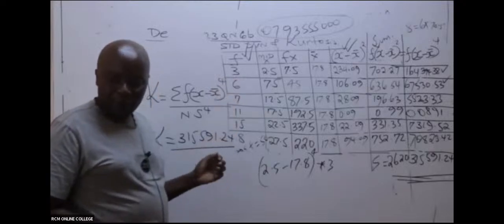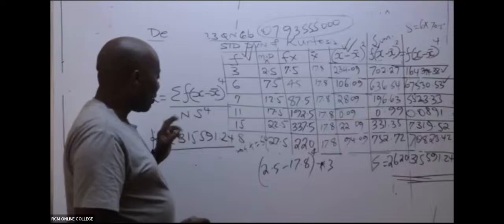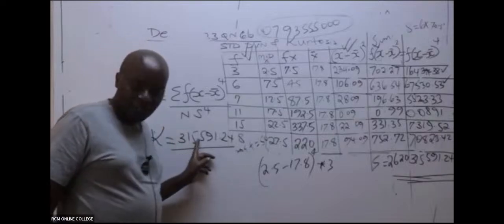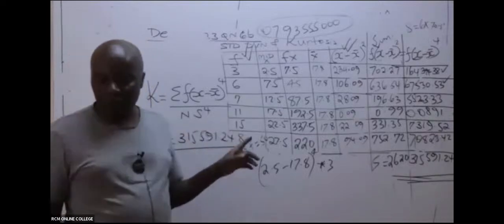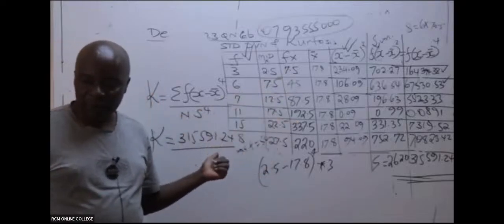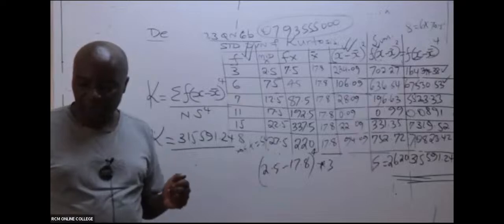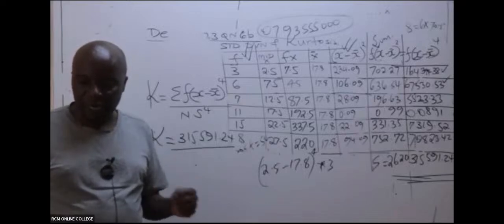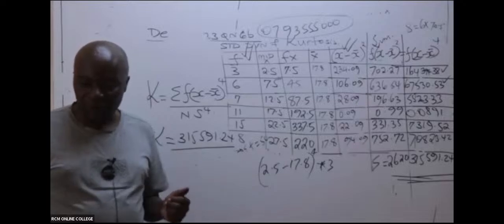Before I continue, it's only Marango who gave me this figure. Is there someone else who can confirm that this figure is correct, so that we don't pick just a figure from one student and then run with it and it happens to be wrong later on?